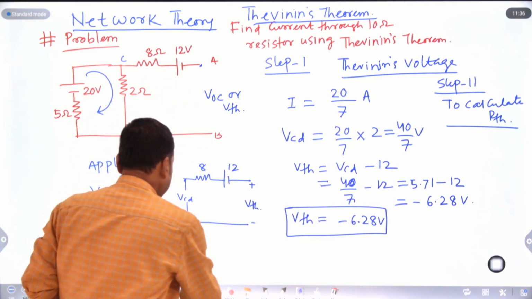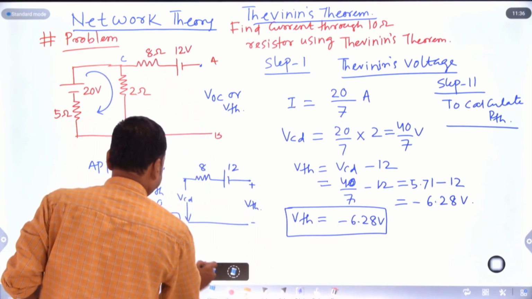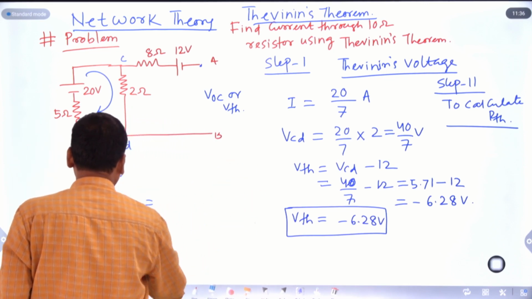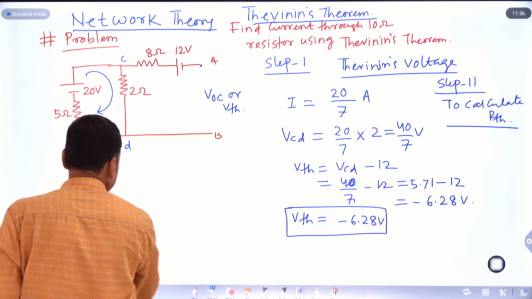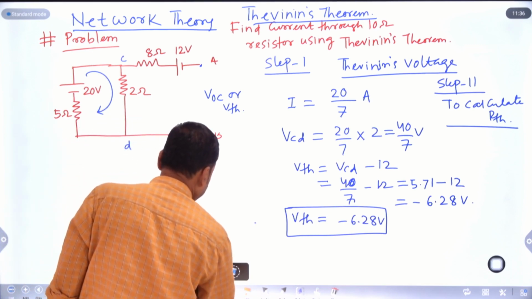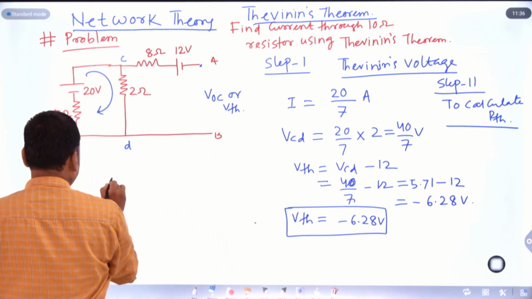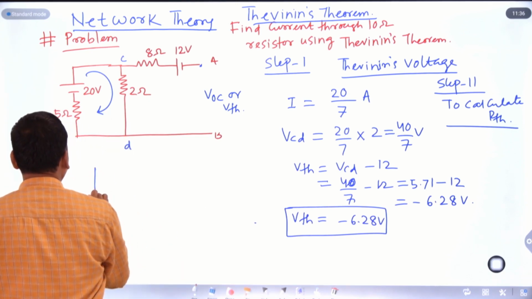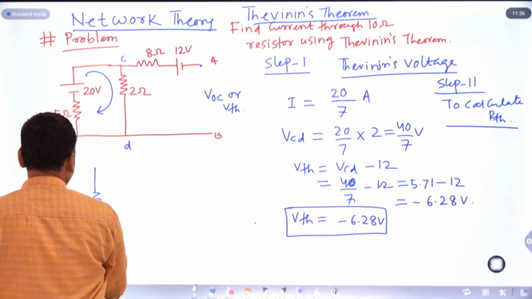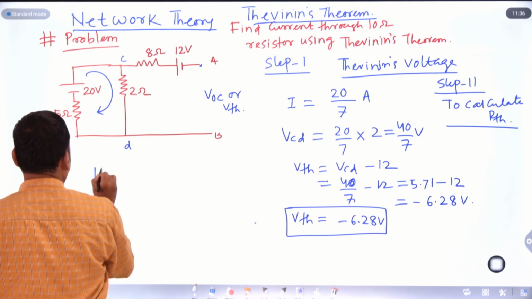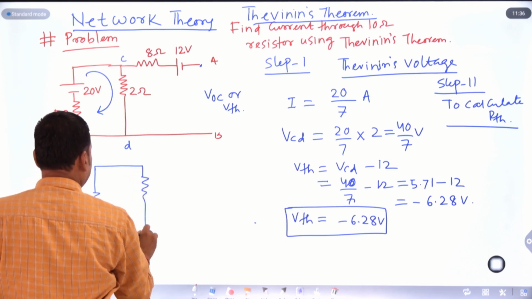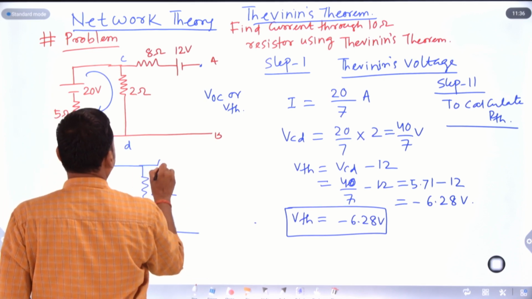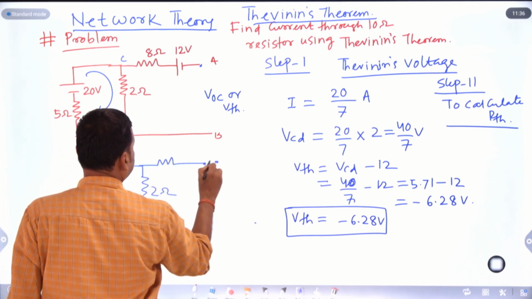If we draw the circuit using Thevenin's equivalent circuit, all the voltage sources should be short circuited. Here 20 volt is short circuited, and this is your 5 ohm, and this is your 2 ohm. Here there is your 8 ohm, and this will be short circuited here.